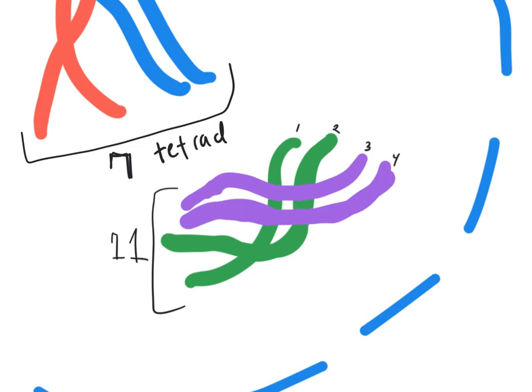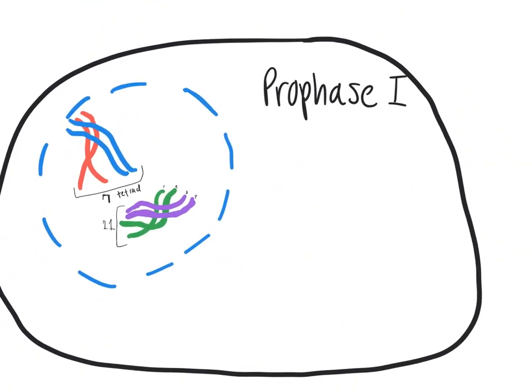So remember in the S phase, this would be copied, so that's why we have 2 purples, and this green one would also be copied, which is why we have 2 greens, 2 per parent, and they're all going to find each other. All the chromosome 11s, all the chromosome 7s, all the chromosome 1s, 2s, 3s, 4s, they're all going to come together and form these tetrads, which we call the crossing over.